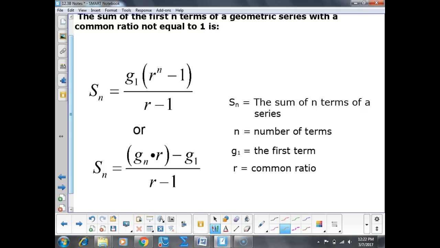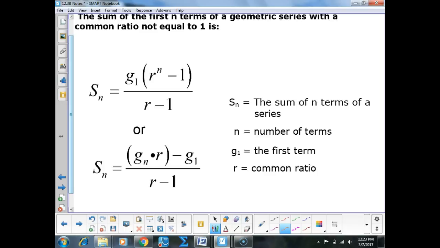It all really depends on what you want to do, how you want to do it, what you're given, etc. So S sub n is the sum of the first n terms.